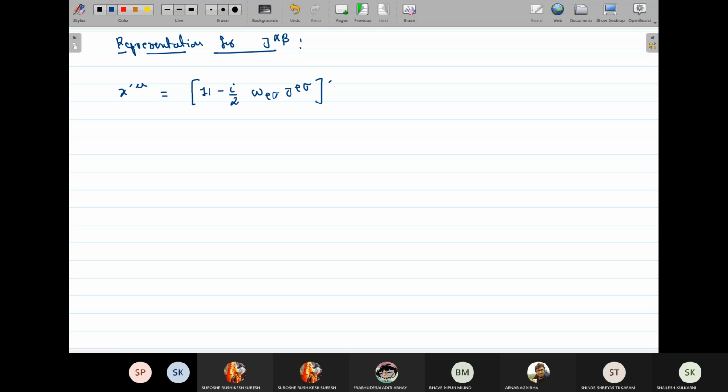I have written this down earlier, so I am writing it again. So this will be delta mu nu minus i by 2 omega rho sigma (J rho sigma) mu nu x nu. This will be x prime mu.